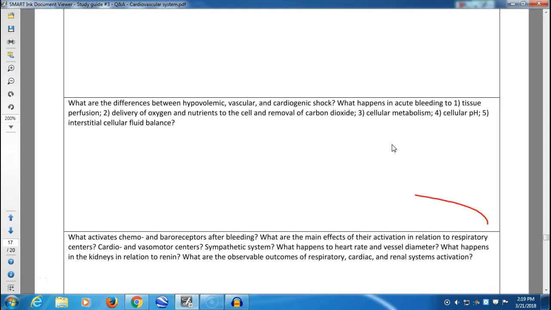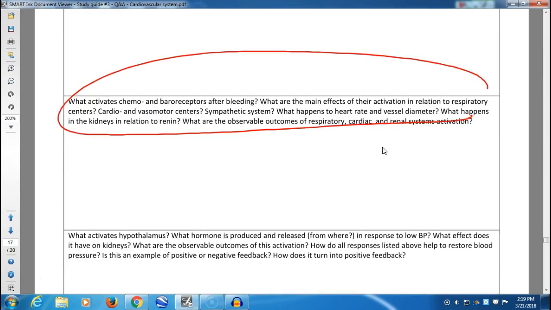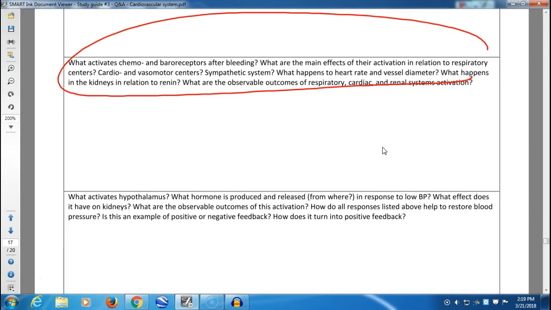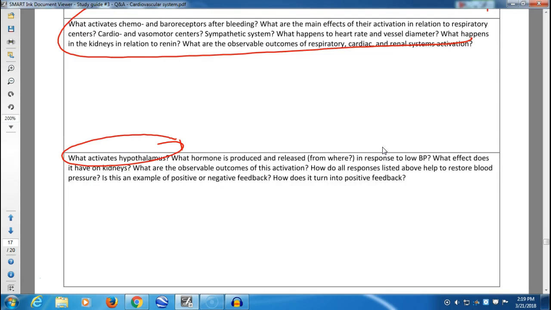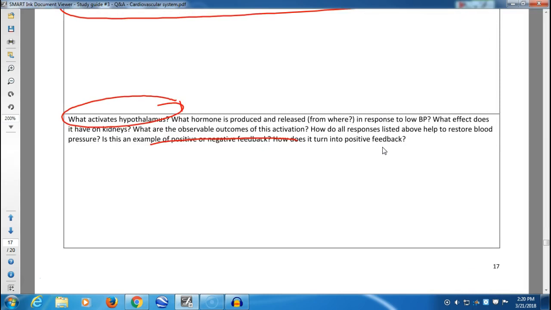So we covered it all. ADH is released from the hypothalamus. Low urine output restores blood pressure. So if you drink and you restore your blood pressure, it's negative feedback.